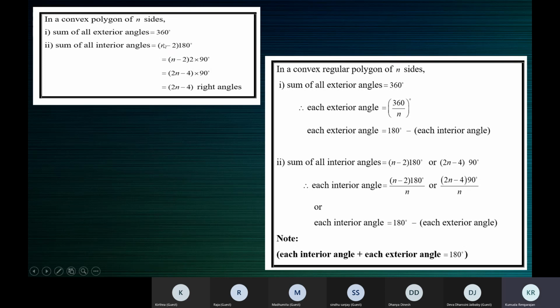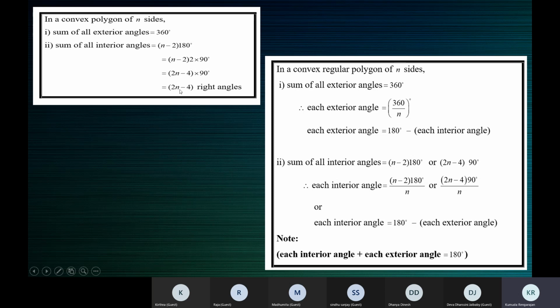So if you're trying to calculate the sum of all the interior angles of an octagon, so (8 minus 2) into 180. So this is one expression with which you can find the sum of all the interior angles.